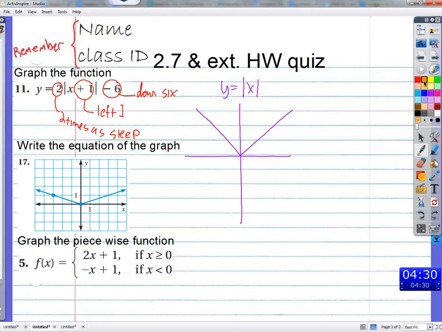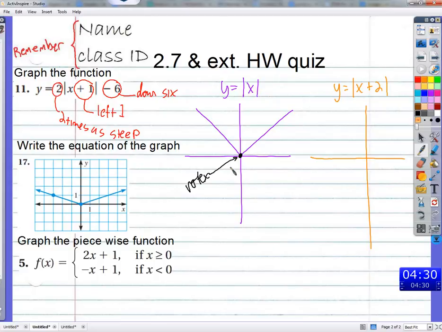Now, separately, we'll do y equals the absolute value of x, let's say plus 2. Make it more severe. Something that's helpful is to think about that point on the graph right there. That's what we call the vertex. Right now the vertex is at the origin.